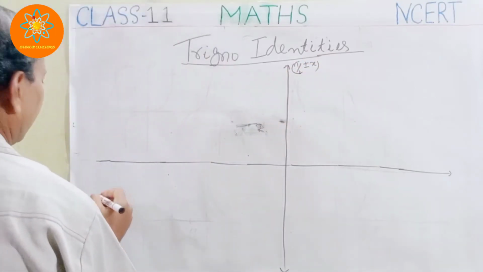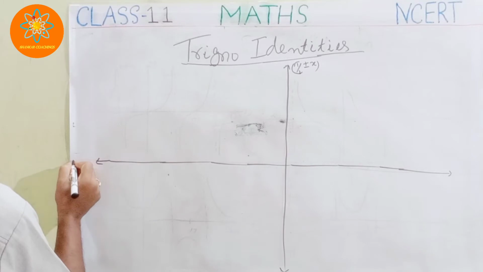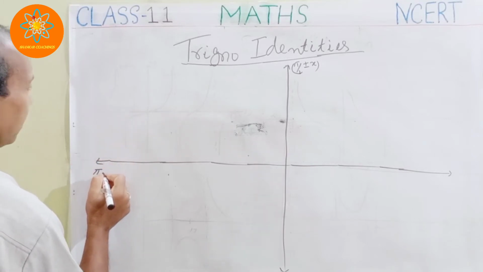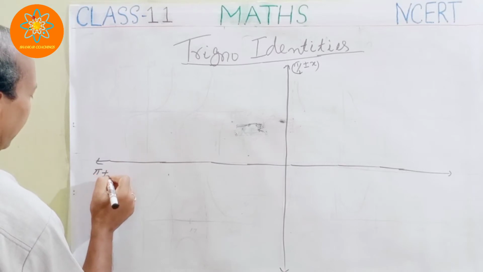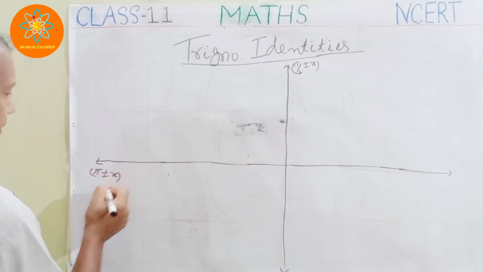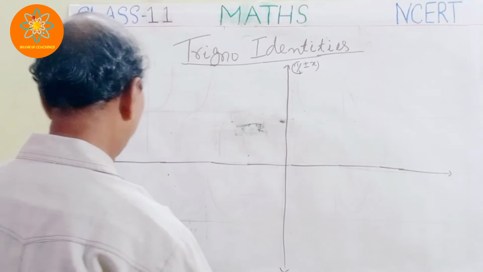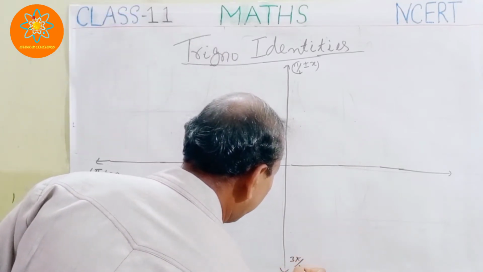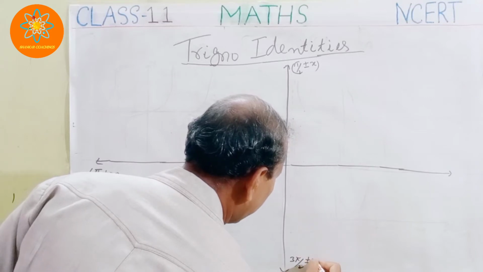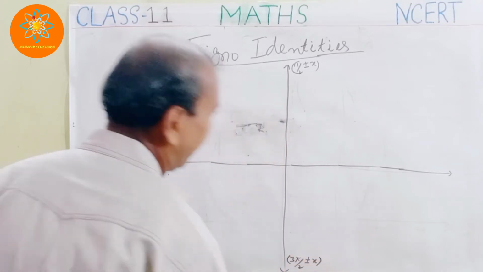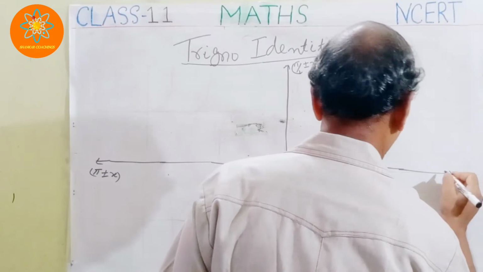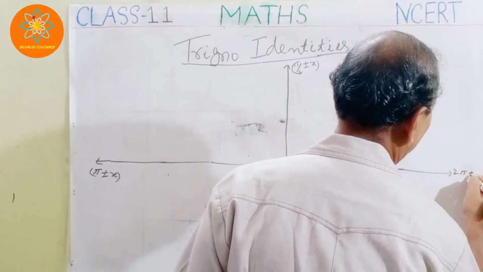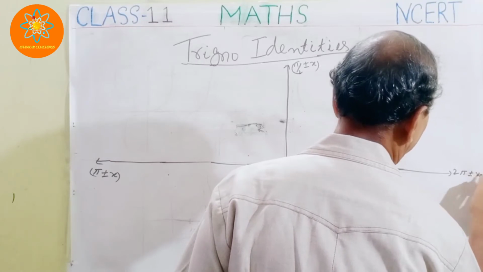Similarly, this point is pi plus minus x. Similarly, this point is 3 pi by 2 plus minus x. Lastly, this point is 2 pi plus minus x.